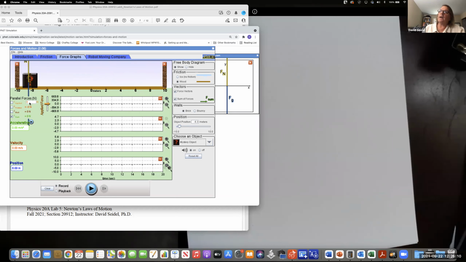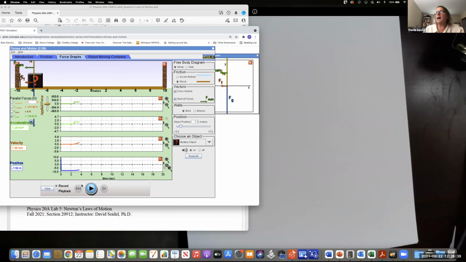Now you can walk up on it to figure this out. 200. 300. 400. Well, it's somewhere in there, so I pause it and I have to wait for it to come back to a stop. It's between 300 and 400.